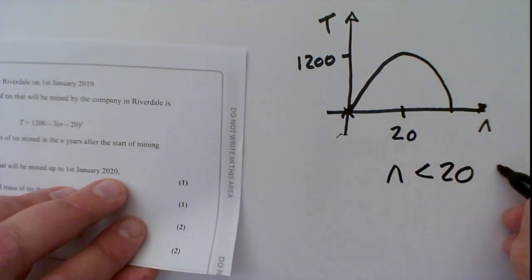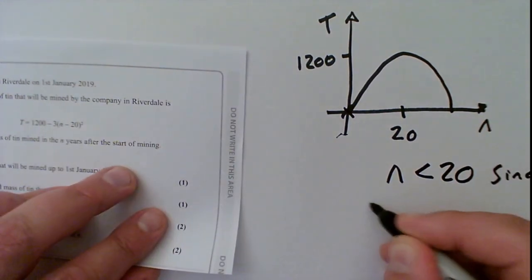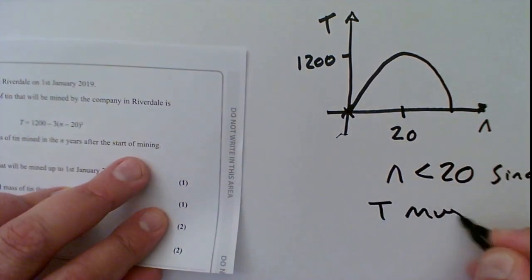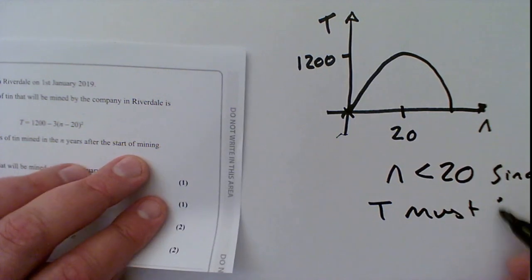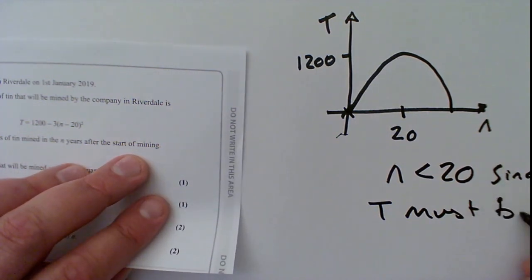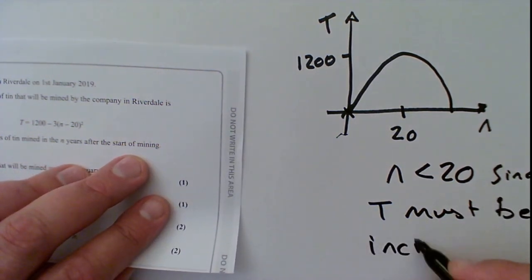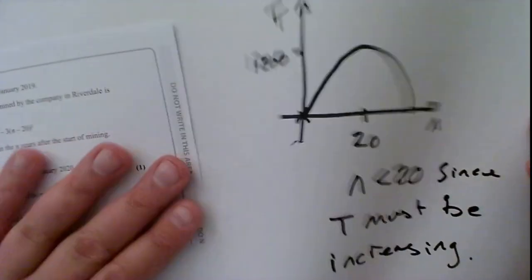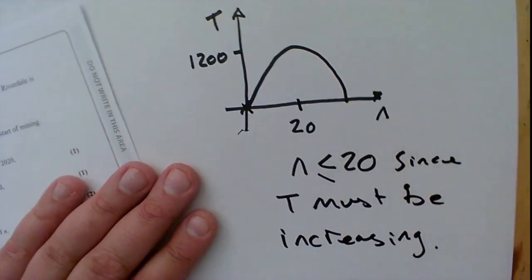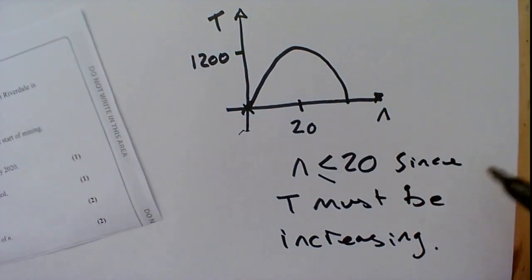And the reason for that is since t must be increasing. It's okay to say, must be increasing. Part of me wants to change that a little bit and say n must be less than or equal to 20 since t cannot decrease.